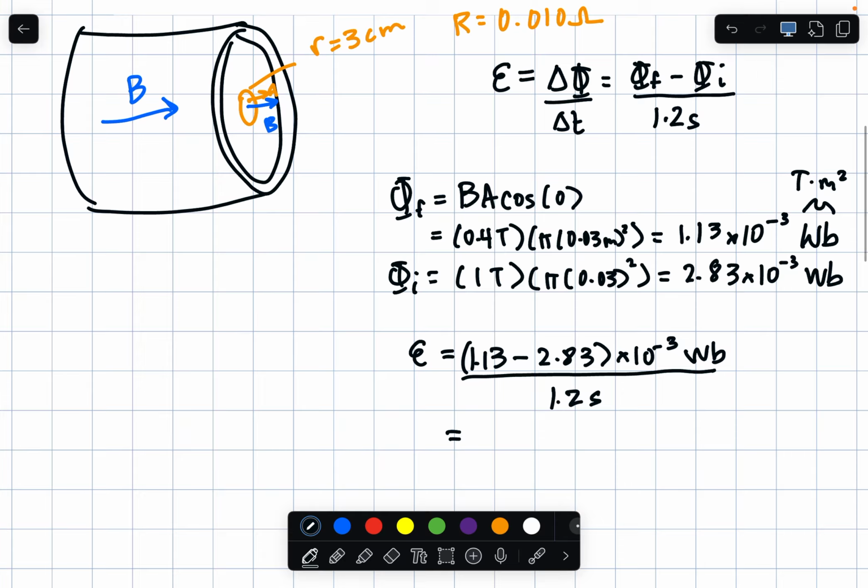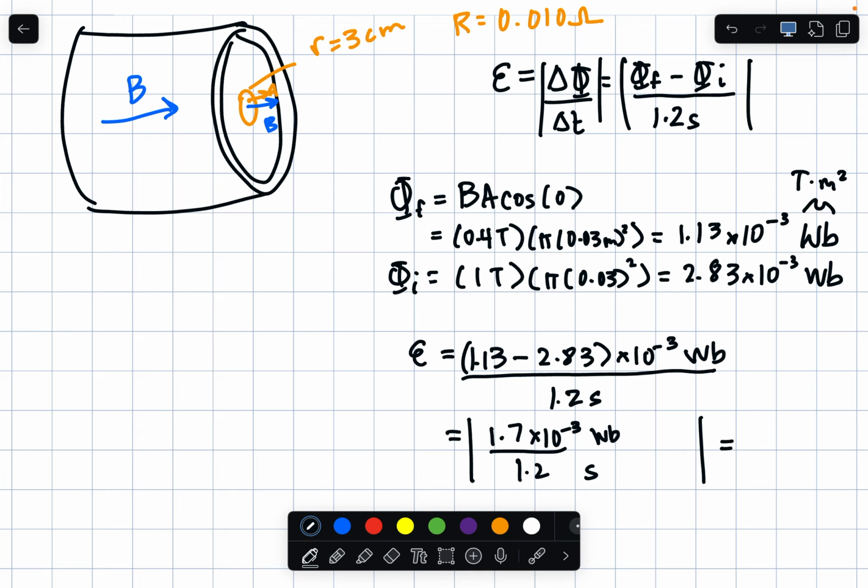It's going to be negative, but we're always going to be doing magnitude, so don't worry about that. Just make sure that the negative is there when you're subtracting them, but the final result we care about is the magnitude. So that is 1.13 minus 2.83, so it's 1.7 times 10 to the minus 3 Webers.